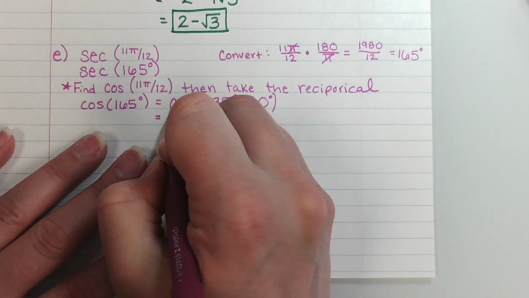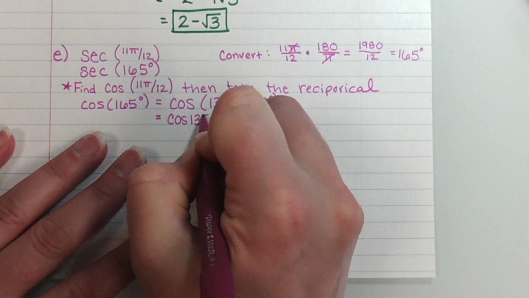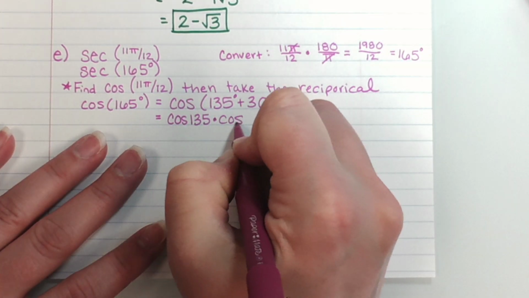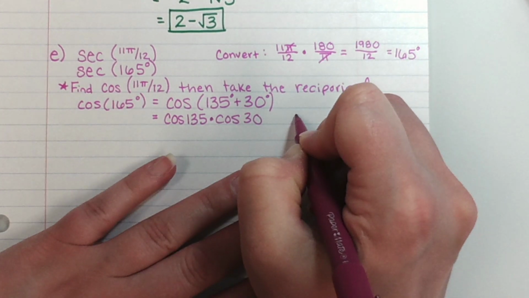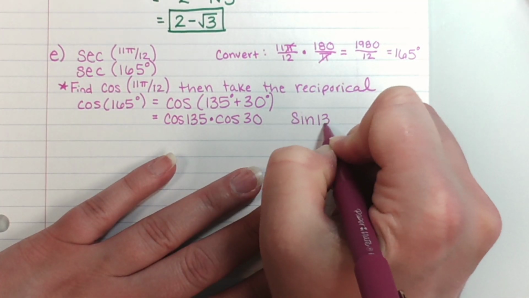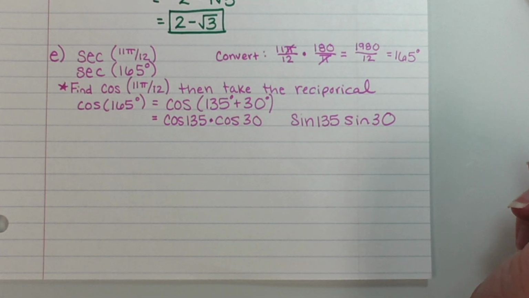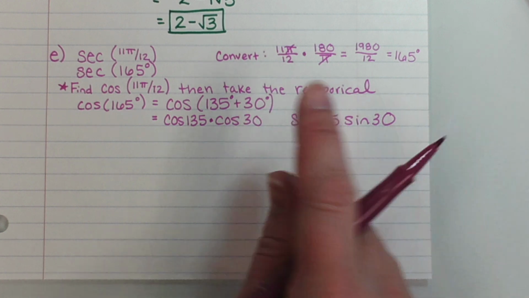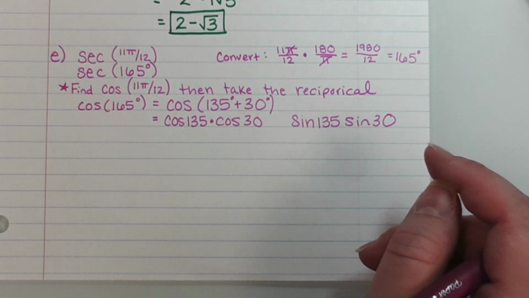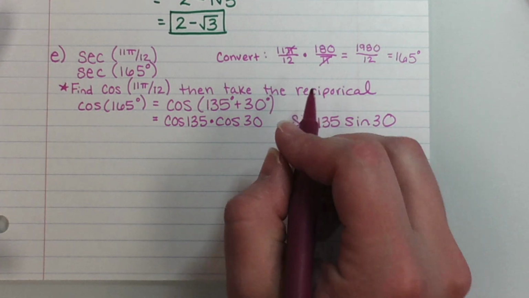Cosine, cosine. Cosine of 135 times cosine of 30. Second part goes sine of 135, sine of 30. Plus or minus? The cosine identities, the addition identity has a minus sign, the subtraction identity has a plus sign.